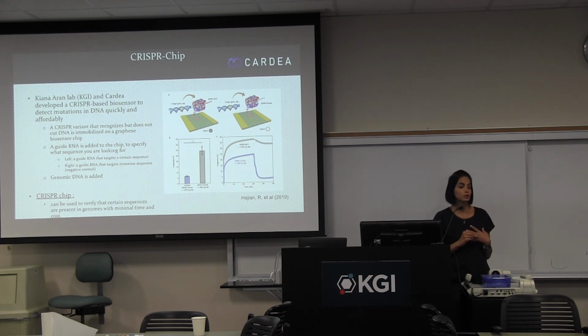So what we did with this, without amplification, because our transistors were very sensitive, we were able to detect a few mutations in the human genome. We looked for a mutation in people who have Duchenne muscular dystrophy. This is a disorder where the muscle gets weak and the dystrophin protein is not functional.